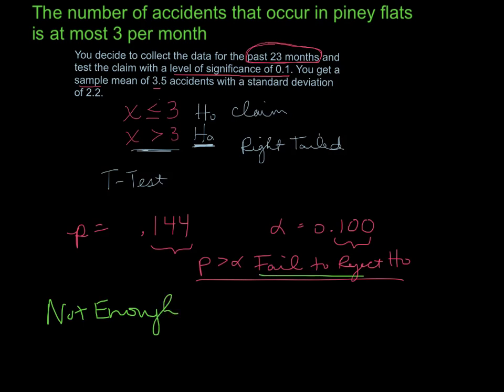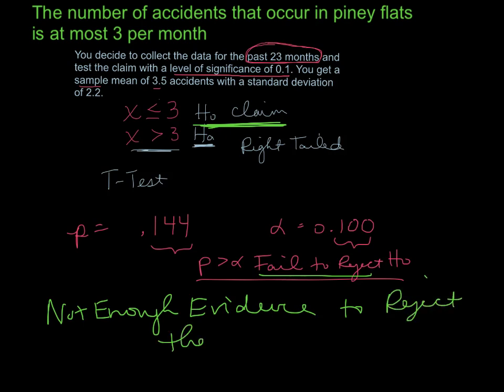Anytime you fail to reject, that means you didn't have enough evidence. In this case, because our claim was a null, you would put not enough evidence to reject the claim that the number of accidents that occur in Piney Flats is at most 3 per month.